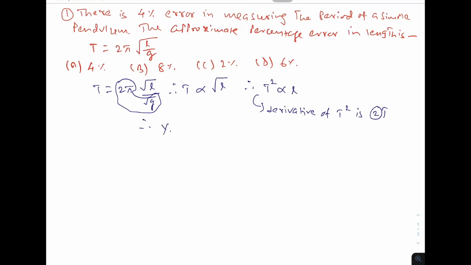So therefore percentage error in L equals 2 times percentage error in T. Now you are given 4% error in measuring the period T. So 2 into 4%, that is nothing but 8% error in L. So answer is 8% error in L. Okay.